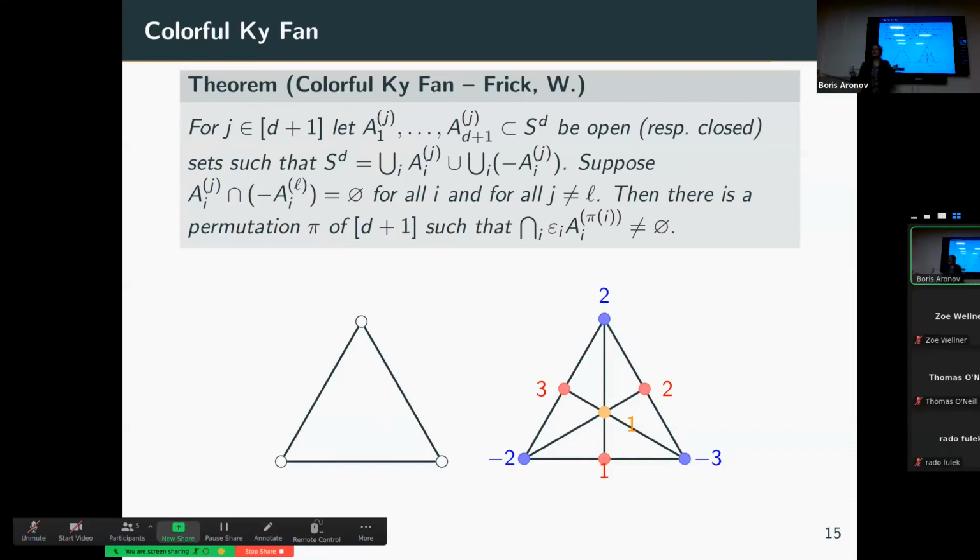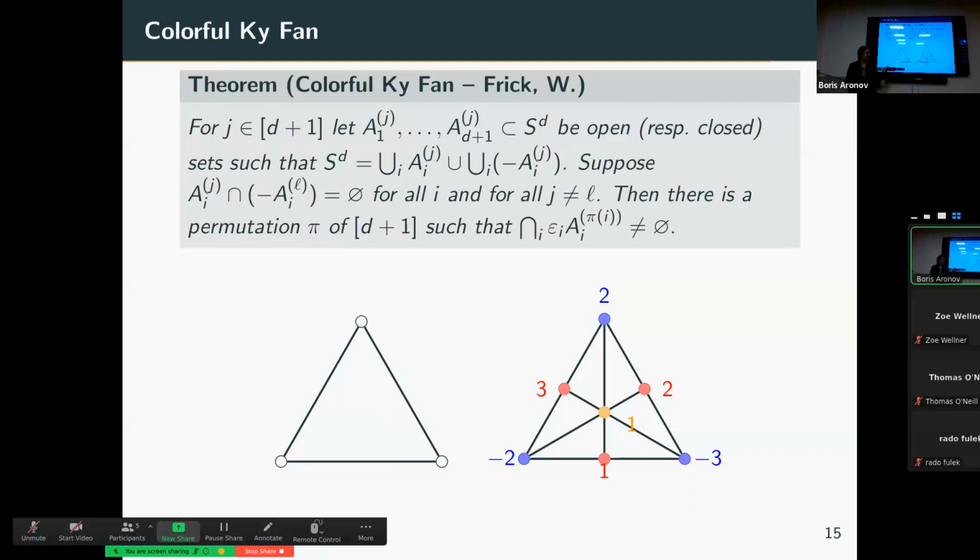And then I can apply my original Ky Fan statement, and I know that I have to have a colorful triangle that has all different labels of whatever fixed signs I asked for, or this edge. But I can always take a fine enough triangulation that I never end up with the edges. And so I just end up with these top dimensional triangles.